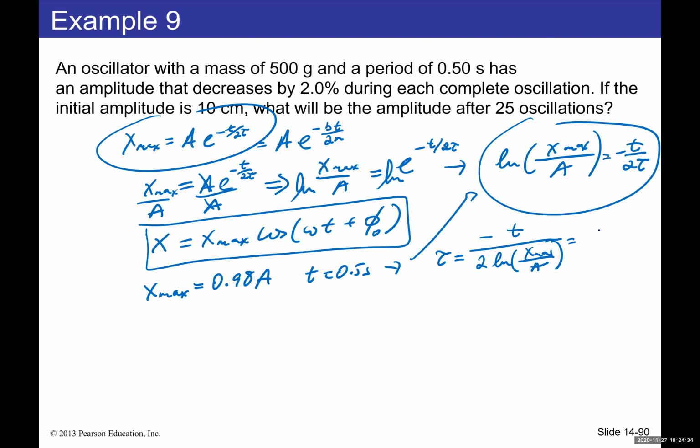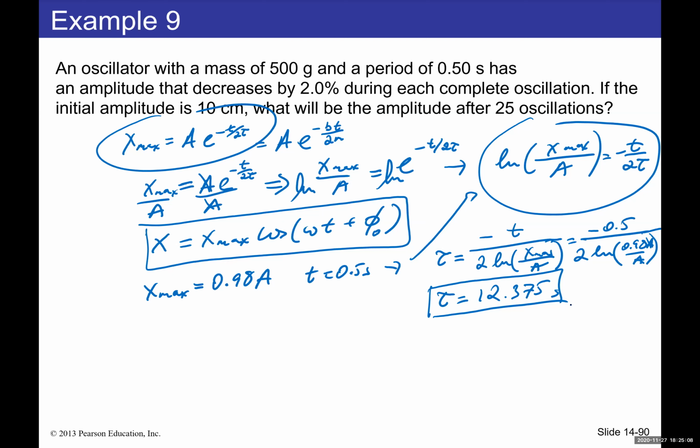All right, so this is equal to negative 0.5 times 2 times ln, then I'm going to get 0.98a over a, cancels the a, and I can then solve for tau, which will be 12.375 seconds. Just plug in there and solve for the time constant, we get 12.375 seconds. That means this is the time constant.